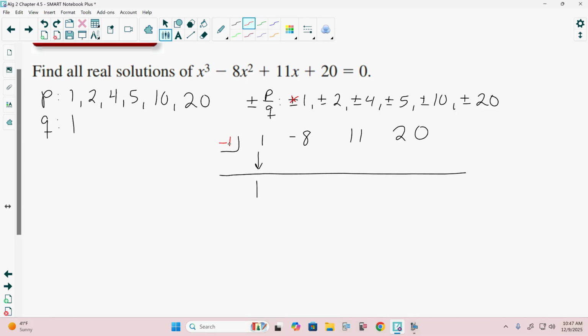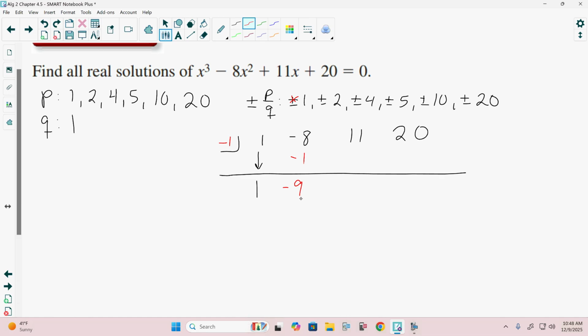And if one of the solutions does not work at one of the synthetic divisions, it won't work later. So since positive 1's out, we're going to move to negative 1 and try this again. Negative 1 times 1 is negative 1. Negative 8 plus negative 1 is negative 9. So when we list the possible rational zeros, our P over Q, it is positive or negative.